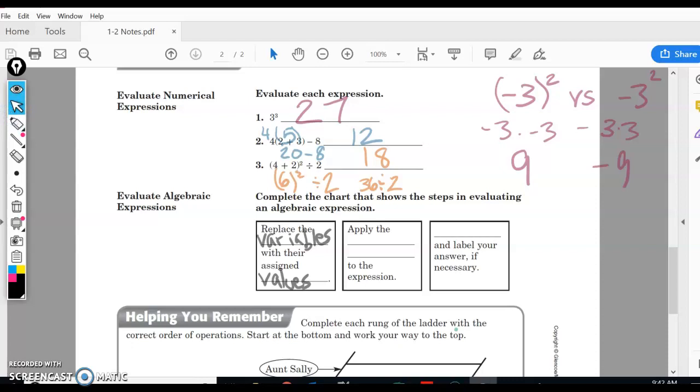After you put the parentheses in for the variables, you're going to apply the order of operations to that expression. Of course, make sure your answer is simplified at the end, and label your answer if necessary.